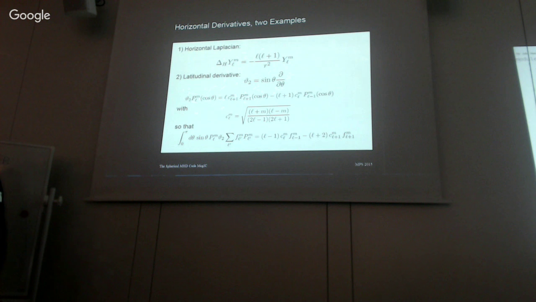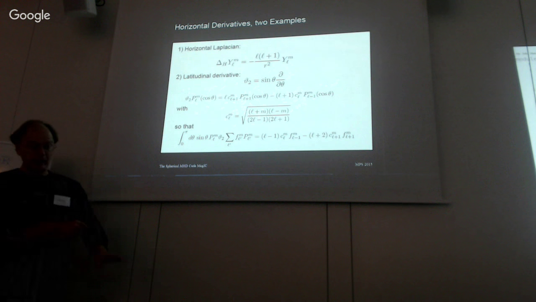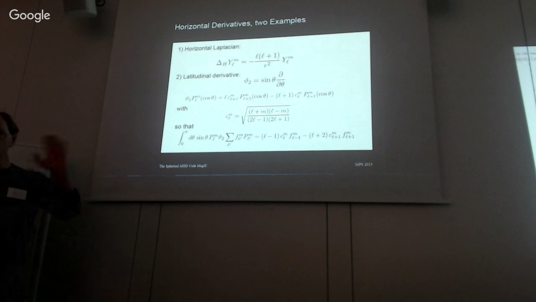If you do that, the result depends on two other Legendre polynomials which have degree L plus 1 and degree L minus 1, with some known coefficients in front of that. We call them CLM, and the expression is here. It's a little bit complex. This also depends on the normalization you choose for the Legendre polynomials. But the point here is it's analytical, it's exact.